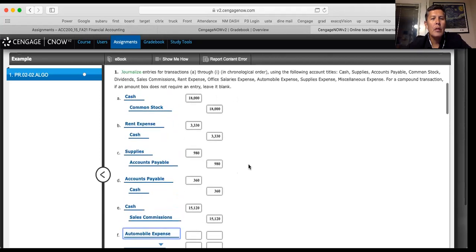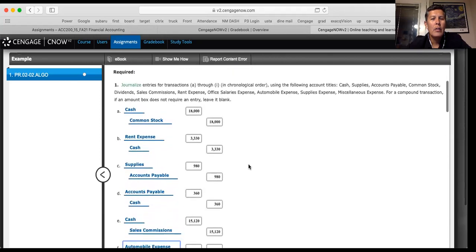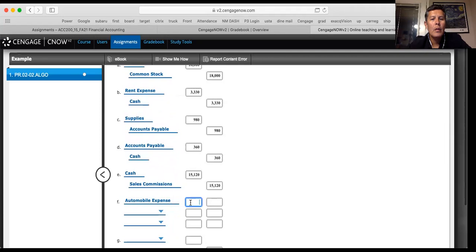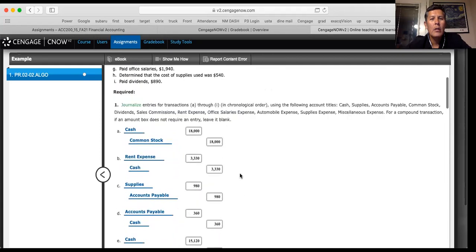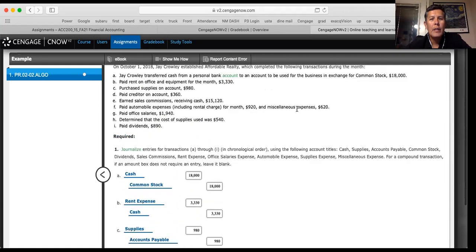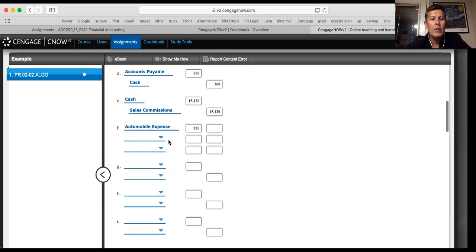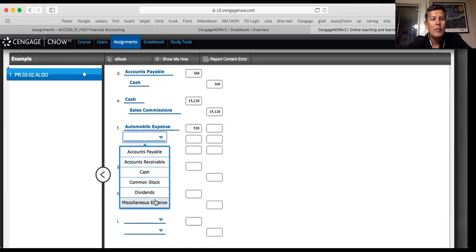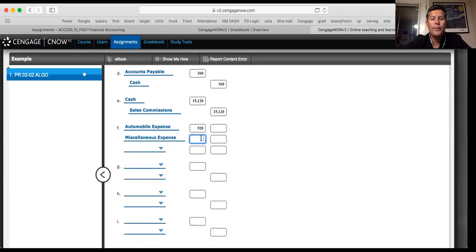Automobile expense, and how much was that for? 920. Okay, and then it says miscellaneous expense of 620. So miscellaneous expense of 620.